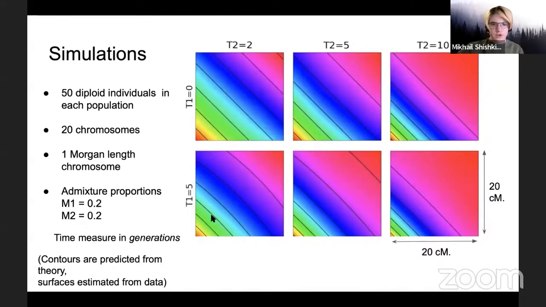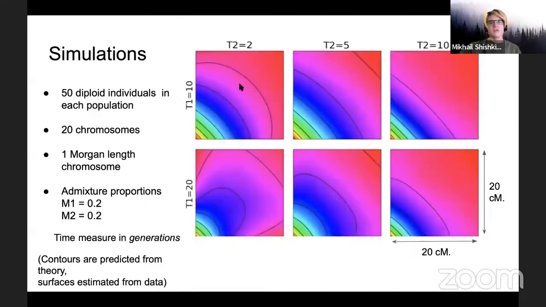You can see that when time T1, the time between the two admixture events, is smaller than T2, the time to the most recent admixture event, these contours predicted from theory are straight. It can be hard to distinguish these cases with two admixture events from cases with only one admixture event, and that's why in these cases the estimation of T1 can be not so accurate.